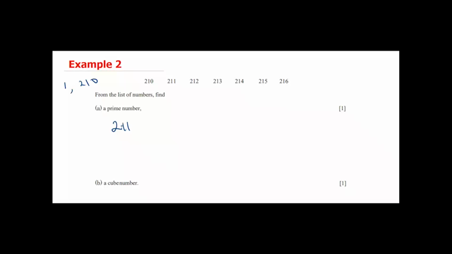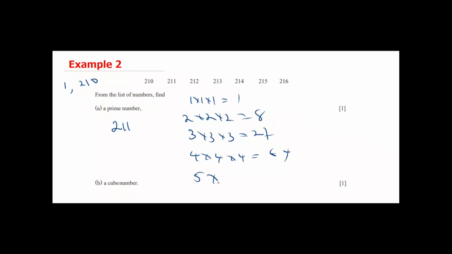Okay? Now, we want to get a cube number. So if we want to get a cube number, that means we must multiply an integer by itself 3 times. 1 by 1 by 1, you get 1. 2 by 2 by 2, you get 8. 3 by 3 by 3, you get 27. 4 by 4 by 4, you get 64.